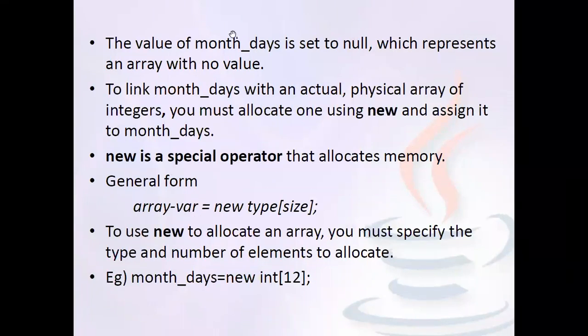So the value of month_days is set to null initially, which represents an array with no value. We have not assigned a value to this. So to link month_days with an actual physical array of integers, you must allocate one using new.